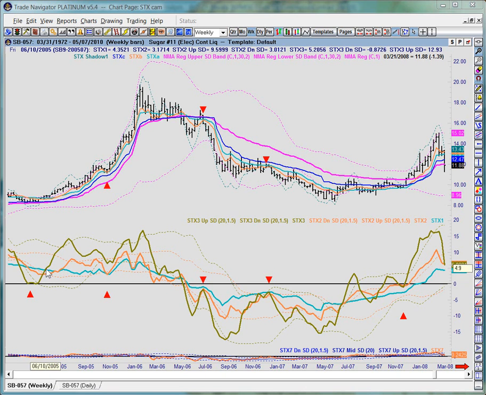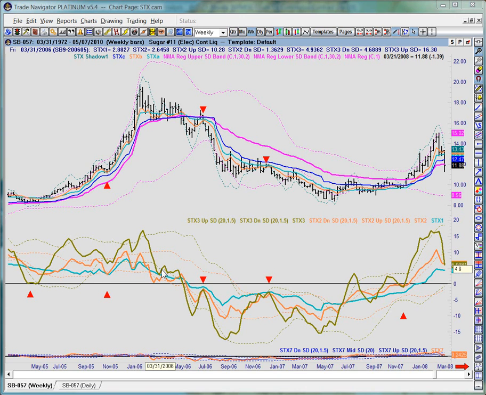The fast line will usually be the quickest to exceed its upper or lower standard deviation band, and may do so repeatedly, as in this process right here, throughout a primary bullish or bearish market move. Somewhat delayed and less frequent, the medium speed line, shown here in orange, is also likely to exceed its upper or lower standard deviation band as well, often signifying an even more significant degree of overbought or oversold.